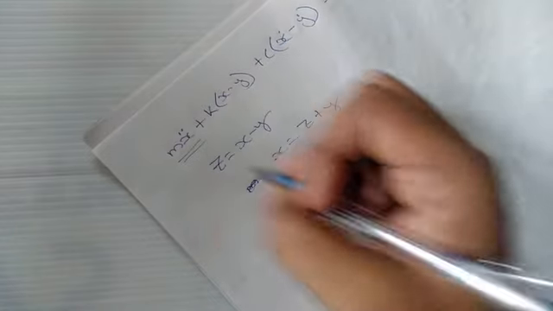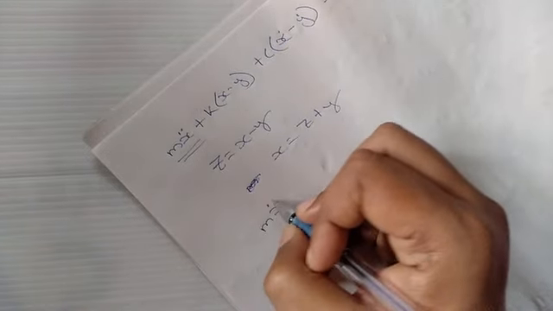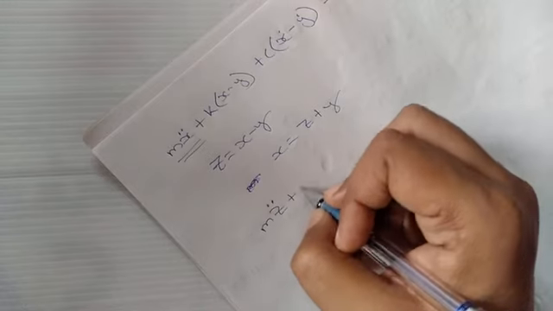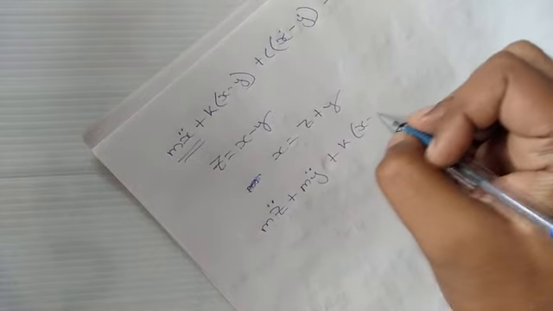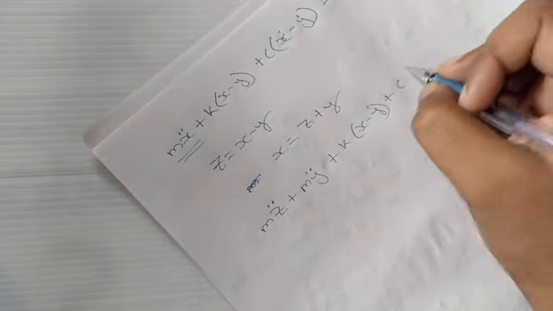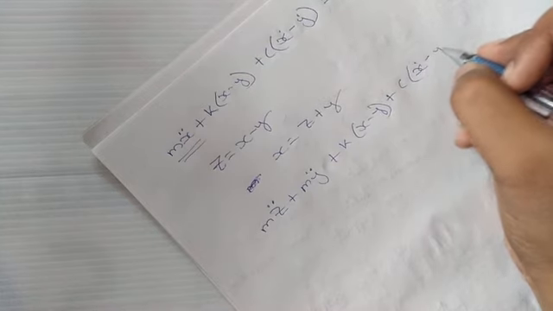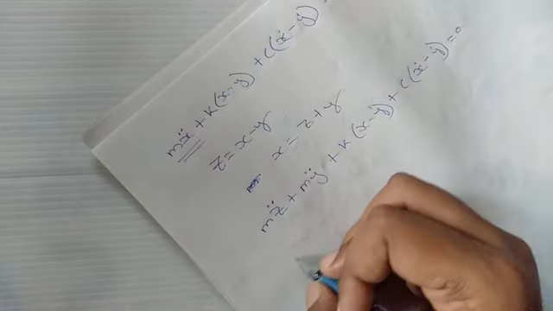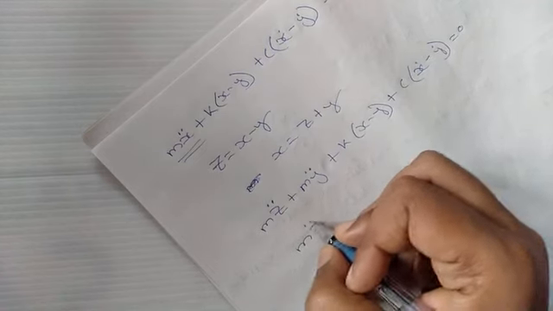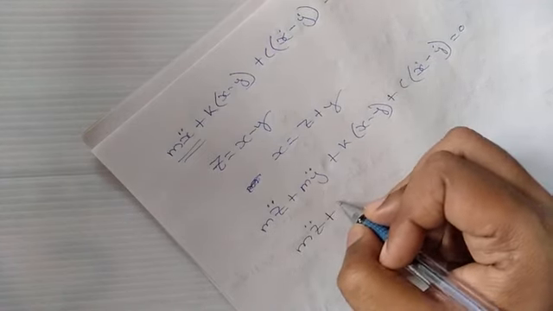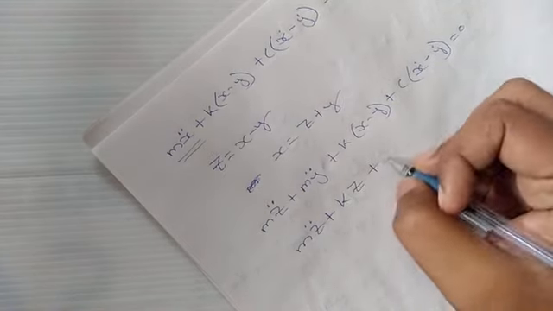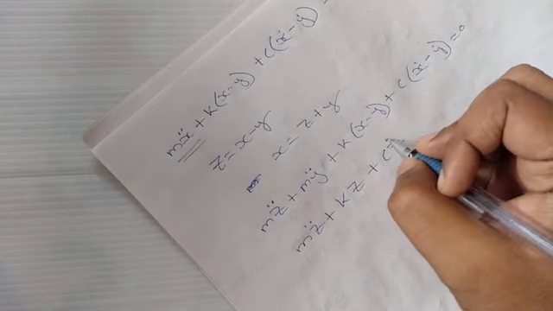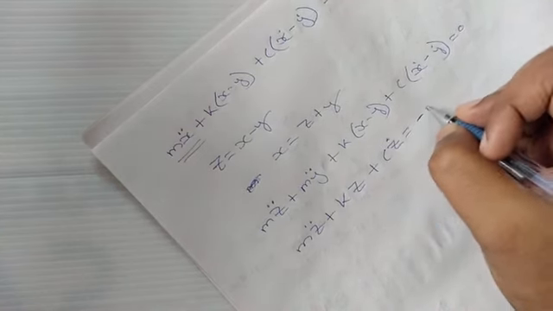So m x double dot can be written as m z double dot plus m y double dot plus k into x minus y plus c into x dot minus y dot equal to 0, or m z double dot plus, this x minus y I put as kz, plus x dot minus y dot I put as c z dot, is equal to minus m y double dot.